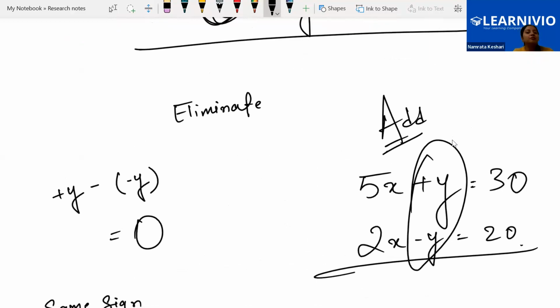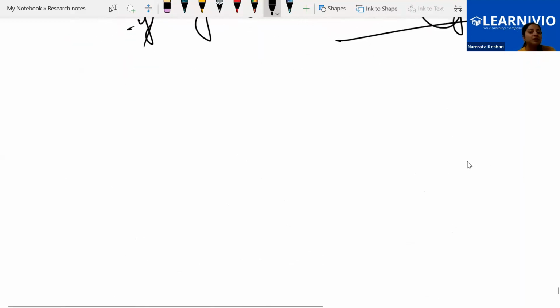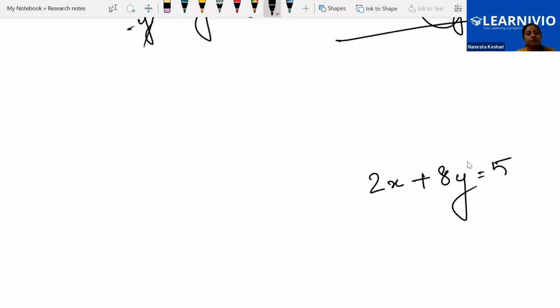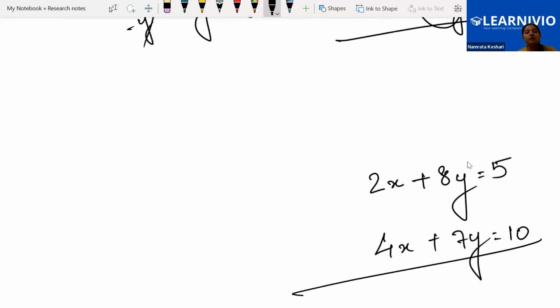But before that, we will always see whether the coefficient is same or not. If it is not same, we have to make the coefficient same. You will also have this type of equation: 2x plus 8y is equal to 5, and the other equation is 4x plus 7y is equal to 10. Which coefficient do we have to make same here, Aisha and Arya?